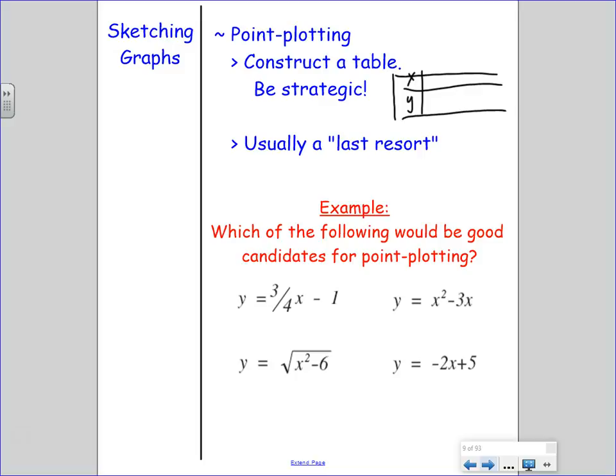As you look at the 4 down below, what kind of function would be a good one for point plotting? Just read me the function. There might be more than one.